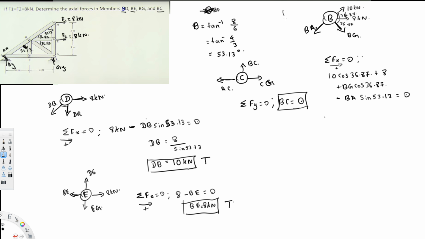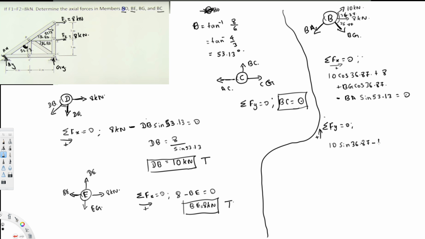Now let's do summation of Fy equal to 0, taking the upward direction positive. This 10 kilonewton is going to be 10 sine 36.87. Then this one is not going to come because it is straight horizontal, and BG is going to be minus because it's acting downward, minus BG sine 36.87.